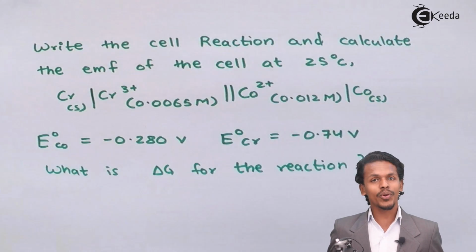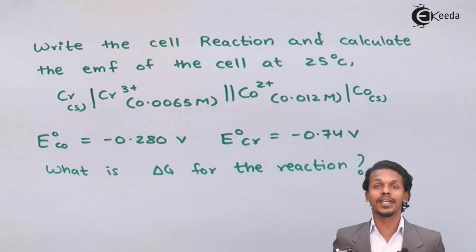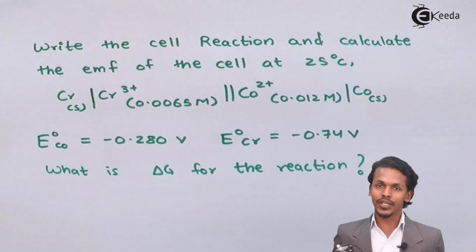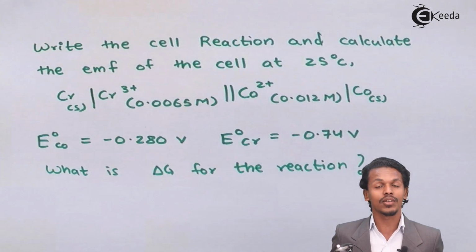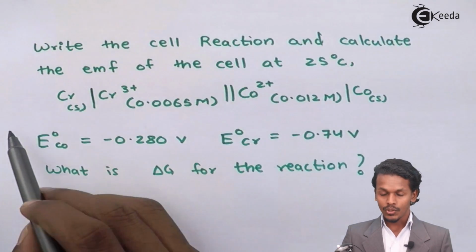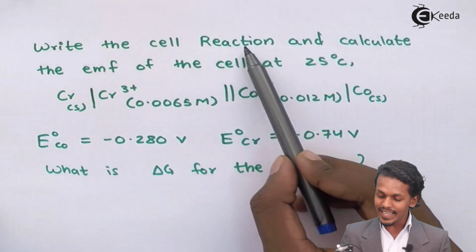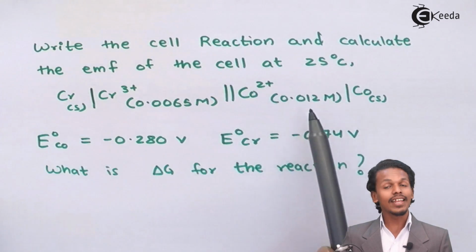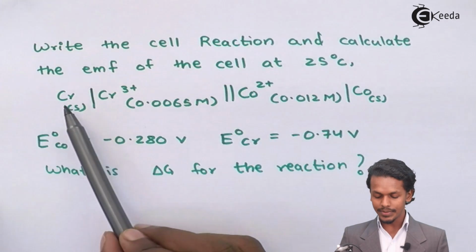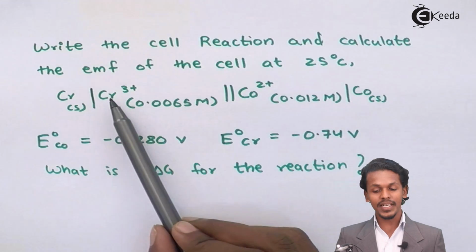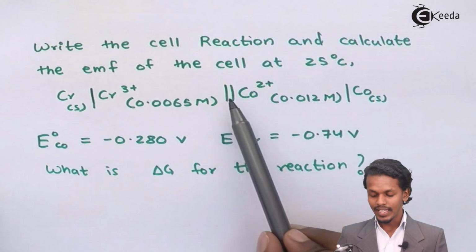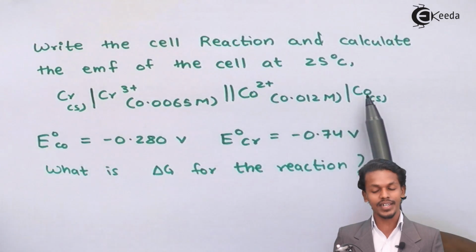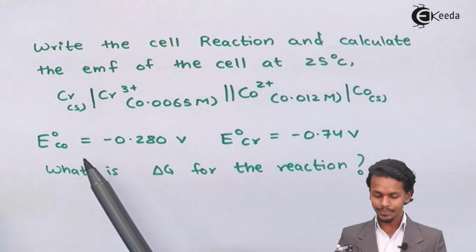Hello friends, now we are going to do the third numerical which is based on Gibbs free energy change. So let us observe the question and see what the requirements of the given question are. The question says that we have to write the cell reaction and calculate the EMF of the cell at 25 degrees Celsius. The cell formula that has been given is chromium, which has been converted into chromium 3 plus, in which a salt bridge has been used, and Co2 plus ions are now being converted into Co, that is cobalt.